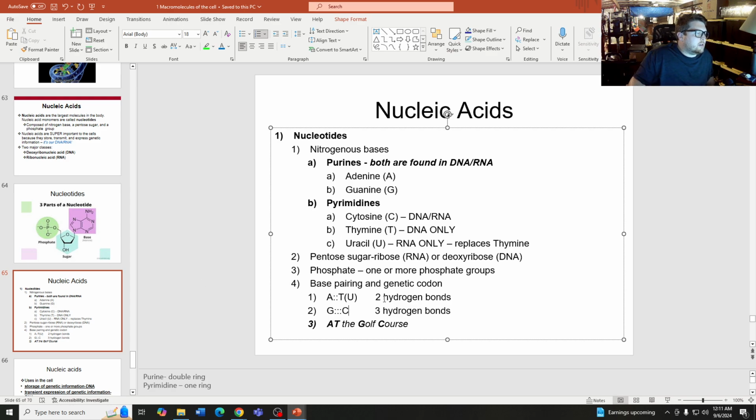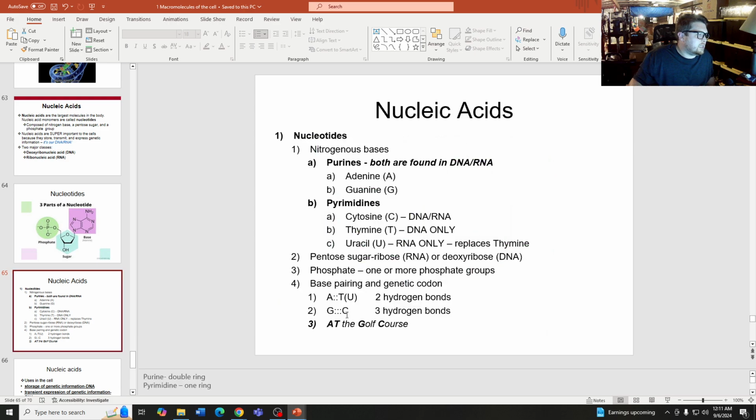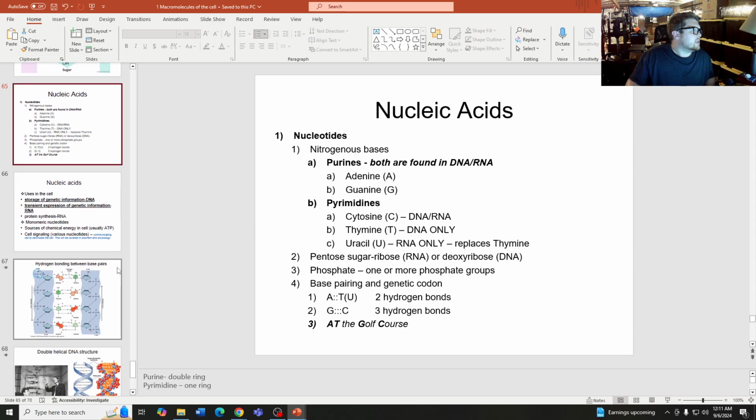A binds to T with 2 hydrogen bonds, and G binds to C using 3 hydrogen bonds. Now also remember, if we are talking about RNA, the uracil, the U replaces thymine, the T. So that's a dead giveaway. If you're trying to figure out, is this DNA, is this RNA, look to see, is there uracil or not? If there is uracil, it's RNA. If there's not uracil, it's going to be DNA.